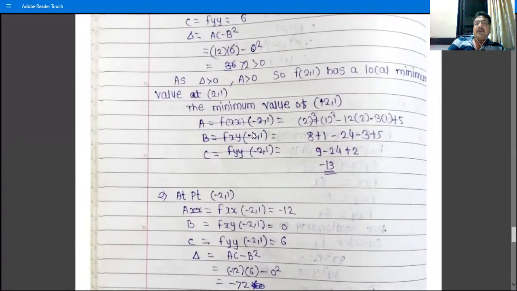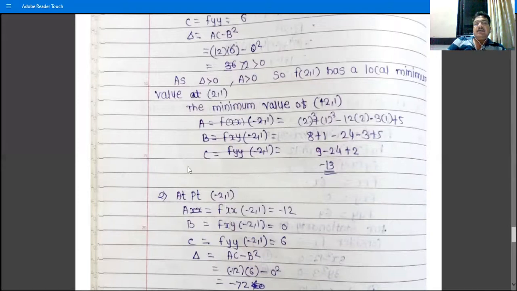So once we find the minimum value or maximum value at some point, then no need to find it again. The minimum or maximum value may be attained at more than 1 point, but the minimum value is unique, the maximum value is unique. That is, once we get the minimum value of the function as minus 13, then if the function is minimum at another point, we have the same answer, minus 13.